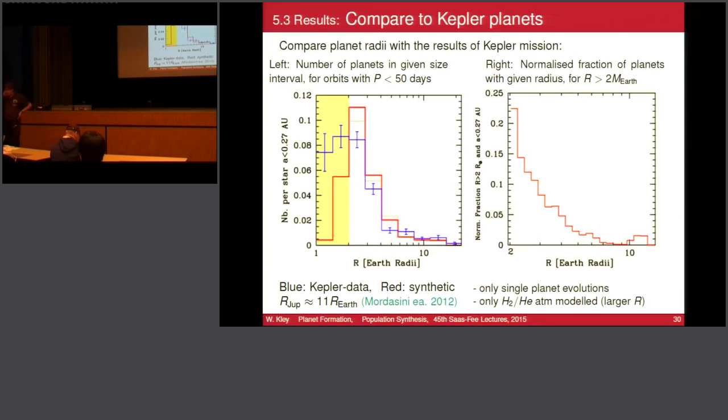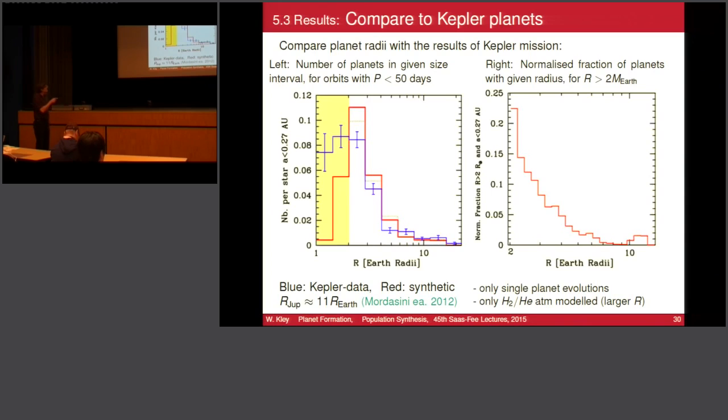These are only the lightweight molecules, or atoms, and they enhance, of course, the radius of the planet. So if you were to take more solid, or higher elements, into the atmosphere, then you would reduce the radius of the planet. So this may be a difference in the atmospheric abundances.